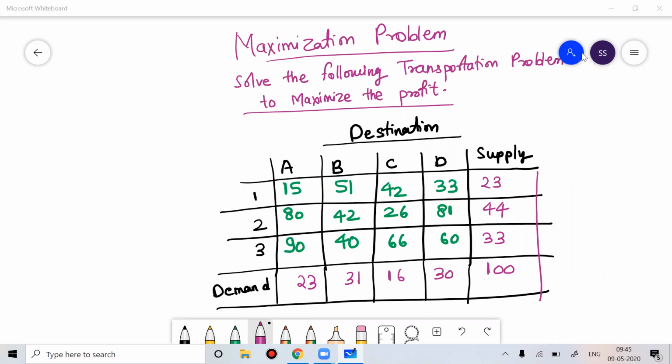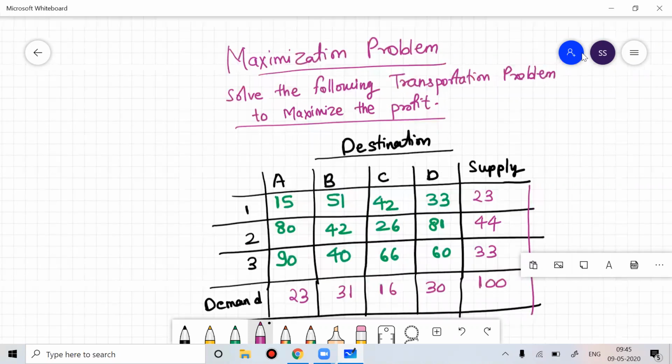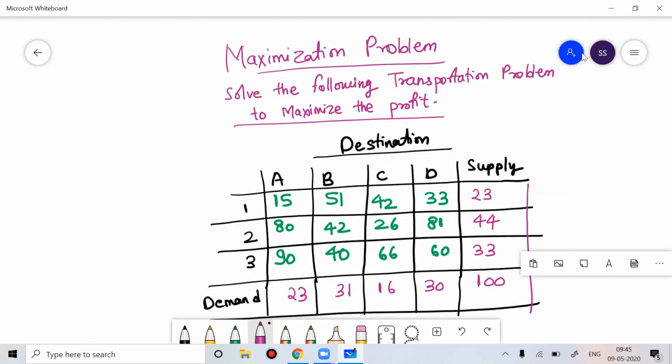So probably in this subject of operation research, we have spent a lot of time together working on the transportation problem. When we talk about the transportation problem, the objective that needs to be set should be minimization.